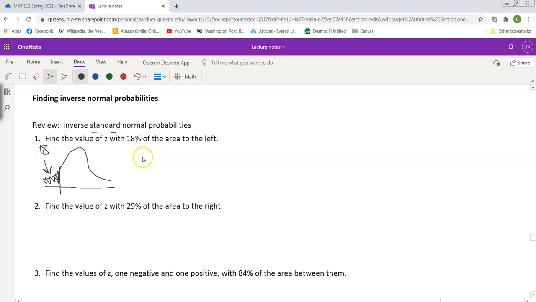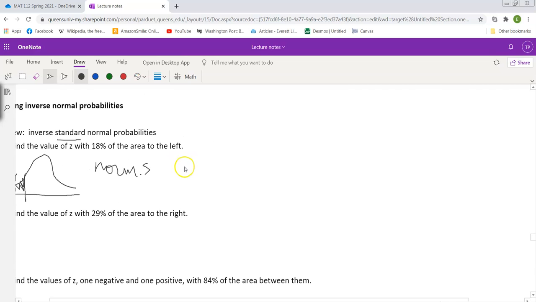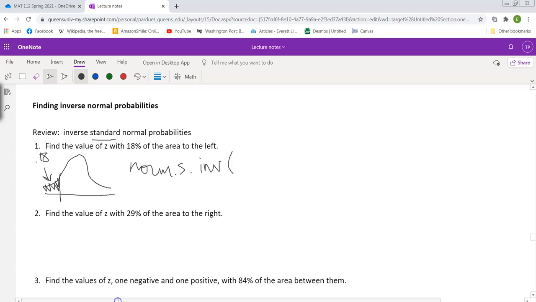And to find that, we have to use the Excel function NORM.S.INV. And you always tell it the amount that is below, or to the left.